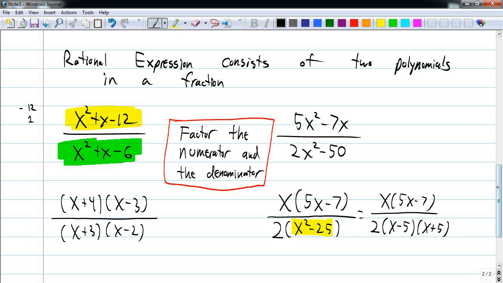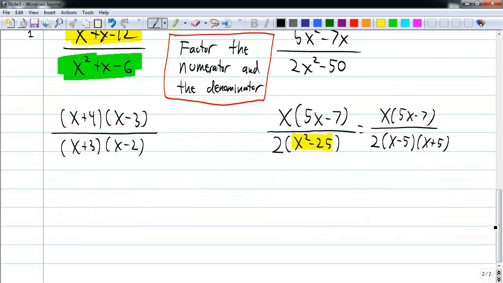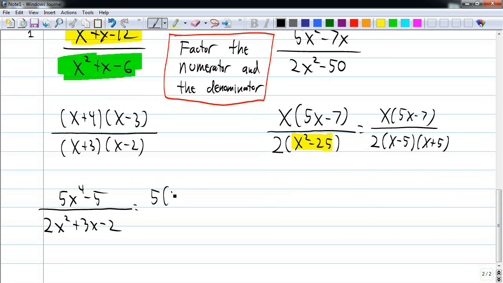Okay, let's take a look at one more example with the factoring. Let's take a look at 5x to the 4th minus 5 over 2x squared plus 3x minus 2. Okay, let's factor that down. So I can factor out a 5 from my numerator.